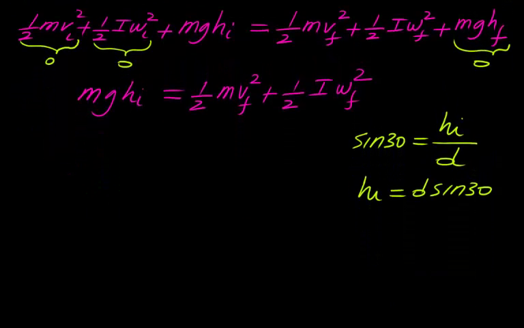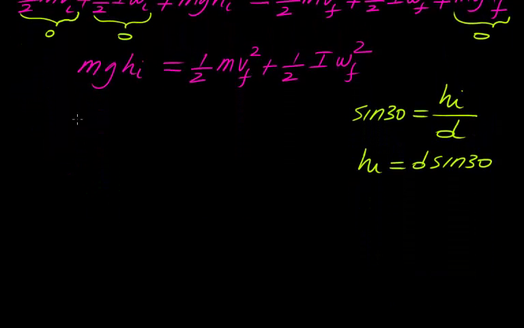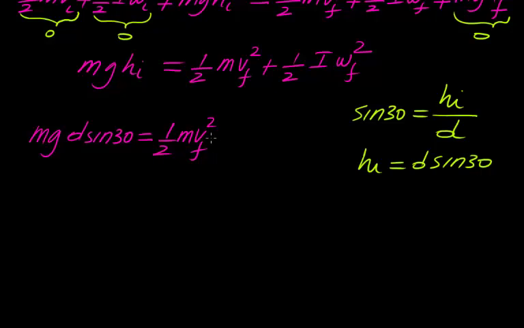Now let me detail the equation a little further. mgh initial can be written down as mg. Instead of h initial, I'm going to substitute it by d sine 30. This is going to equal 1/2 mv final squared plus 1/2, the moment of inertia is equal to 1/2 mr squared times omega final squared.